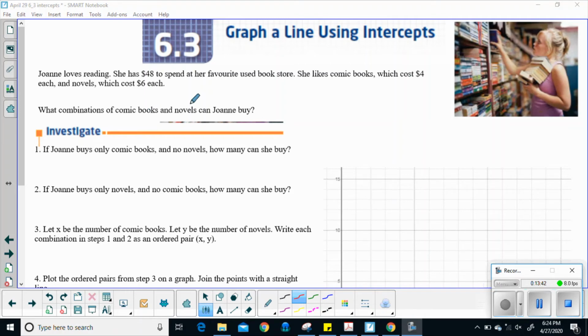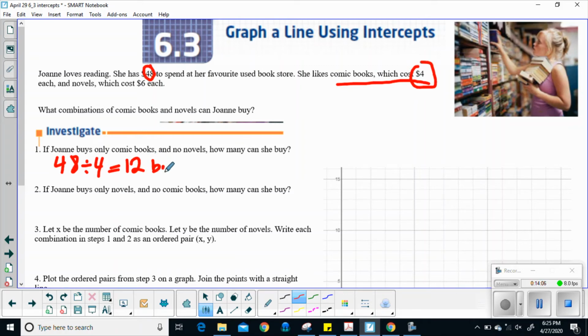So if we bought only comic books, well, I can take my total, divide it by $4 each, and that'll tell me how much I've got. All right, let's do that. So 48 divided by 4, so that's what? 12 bucks. Okay, so you can buy 12 comic books.